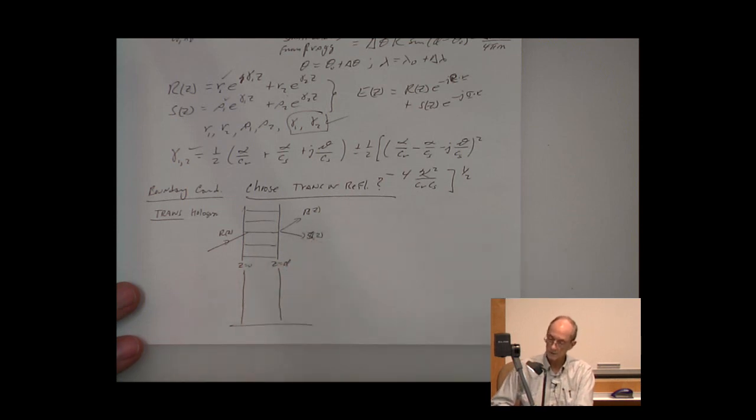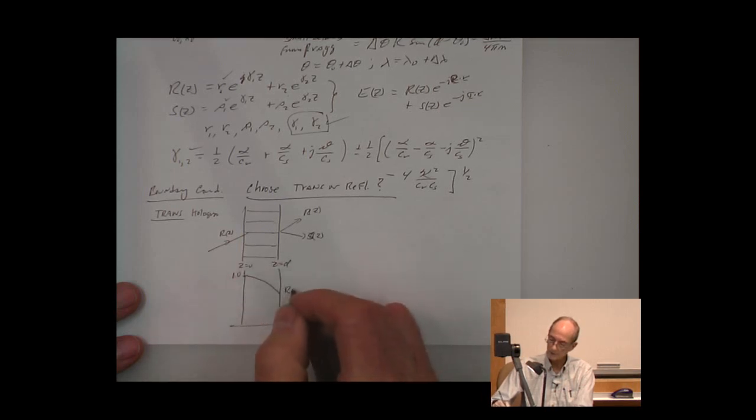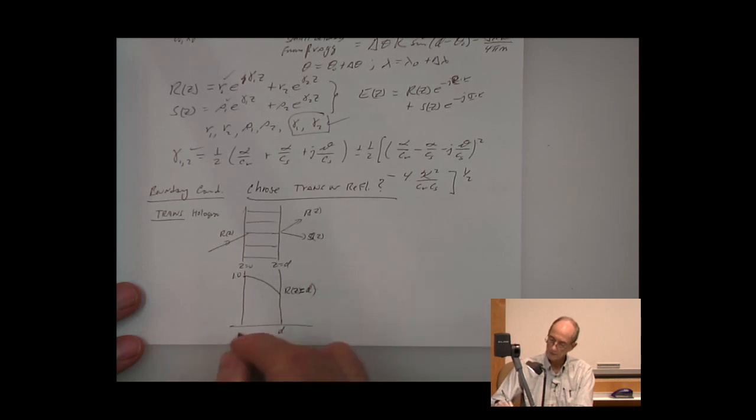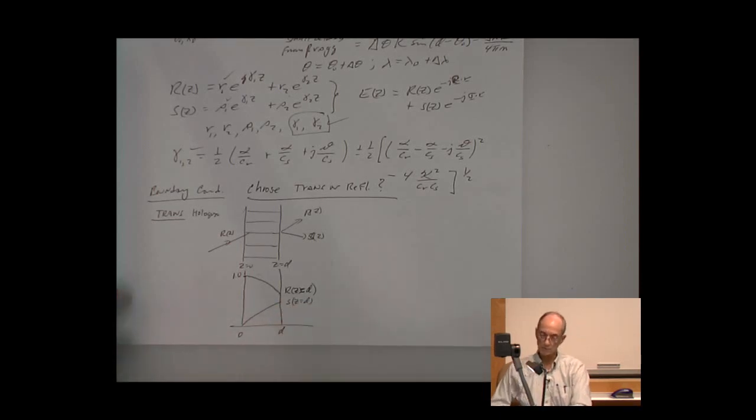That's where it is measured. At the front end we have a value for R of 0, and then it's going to deplete to some value of R of z. I guess we could put z equals d out there. And S is going to go from 0 up to some value S of z equals d. Okay, so that's for the transmission case.